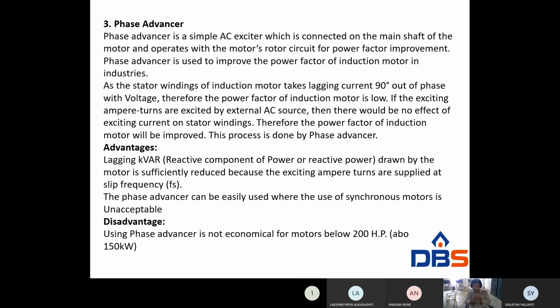That is the concept. But coming to the phase advancers, here there is no leading or lagging, we just increase the ampere turns. If the exciting ampere turns are excited by the external AC source, then there would be no effect on the exciting current. Therefore, the power factor of the induction motor may be improved.